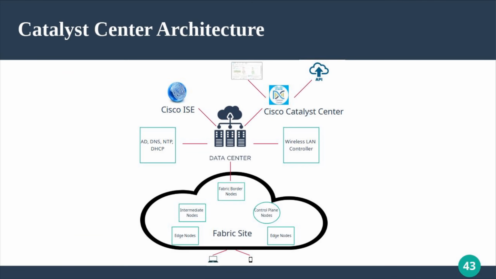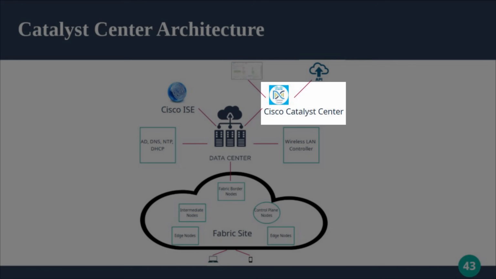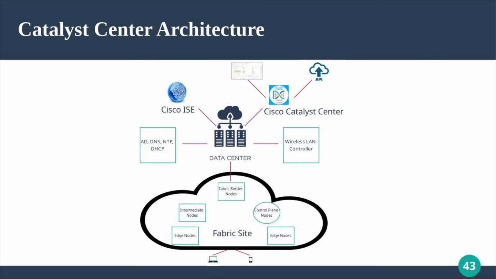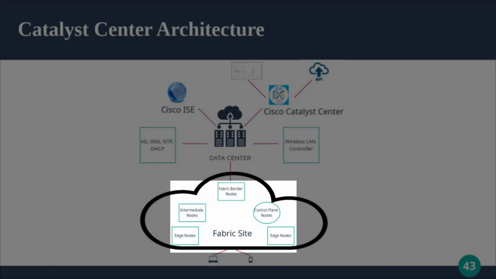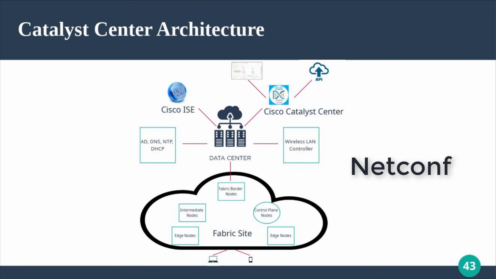Now here's a standard architecture diagram illustrating how Cisco Catalyst Center fits within a network. At the top you can see the Cisco Catalyst Center appliance, either physical or virtual, acting as a central management and controller entity. It communicates southbound with network devices, switches, routers, wireless controllers, firewalls, and so on, using protocols like RESTCONF, NETCONF, SNMP, SSH, or Telnet.